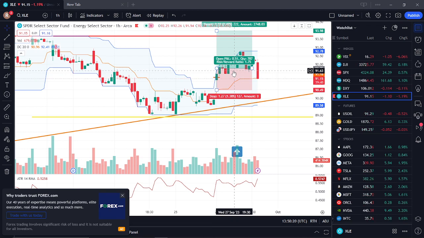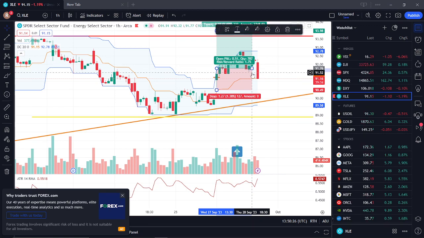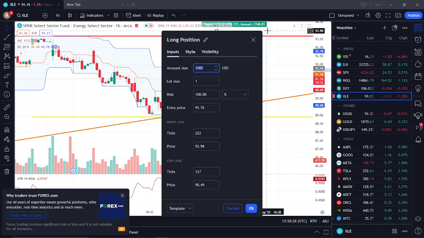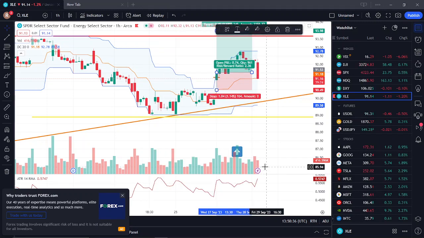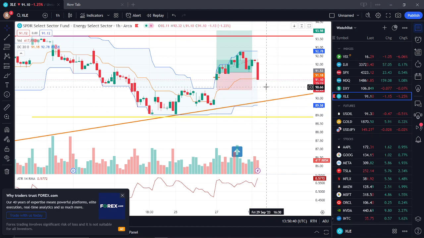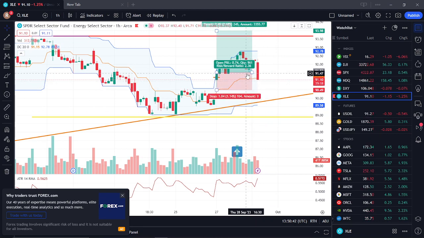Right now, yeah, 91.52, 91.53 is my actual entry price. Let's fix that. 91.53 to be exact. So it went below my entry price. So this is just a mark-to-market loss right now. Yeah, that's fine. It is what it is.